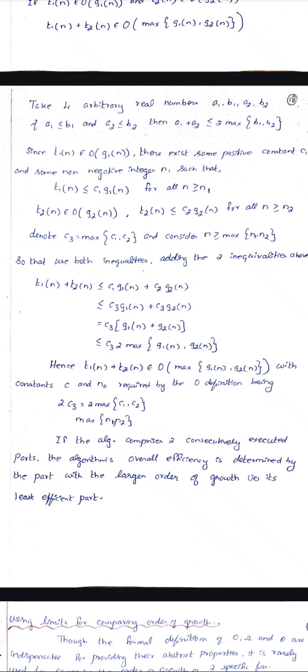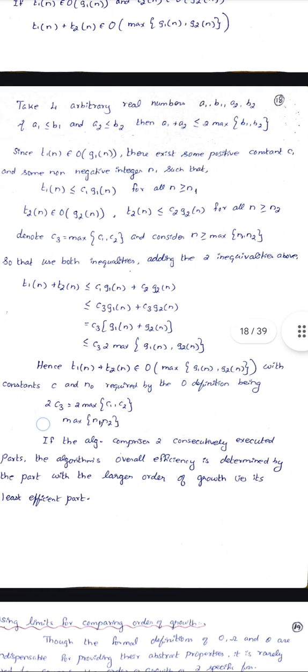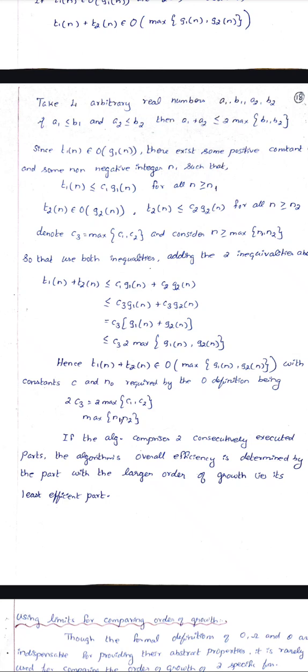Since t1(n) belongs to big O of g1(n), there exists some positive constant c1 and some non-negative integer n1 such that t1(n) is less than or equal to c1·g1(n). Similarly for t2(n).